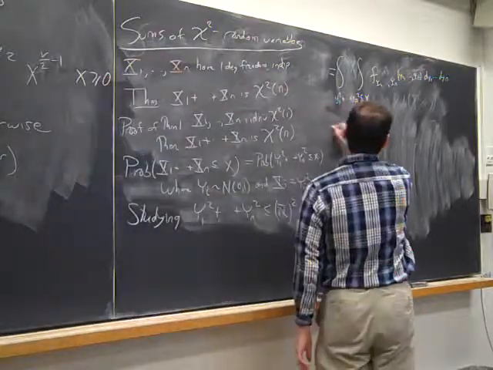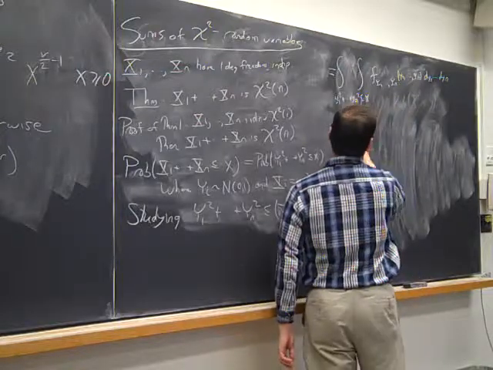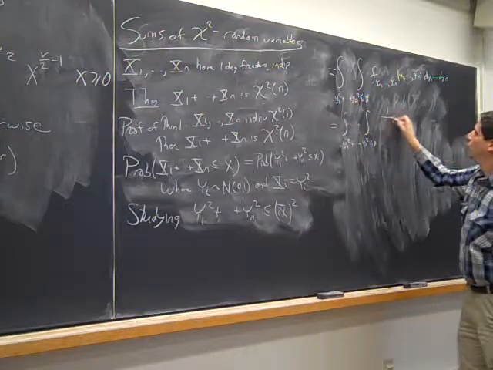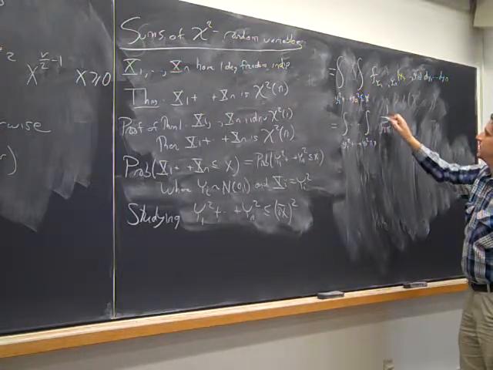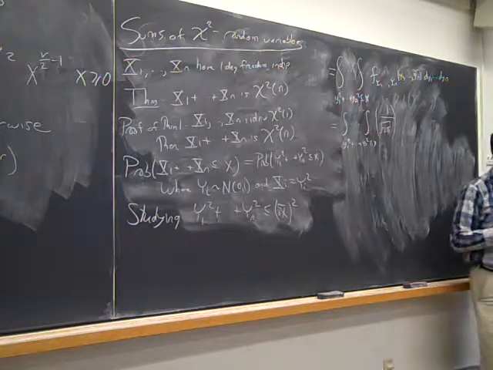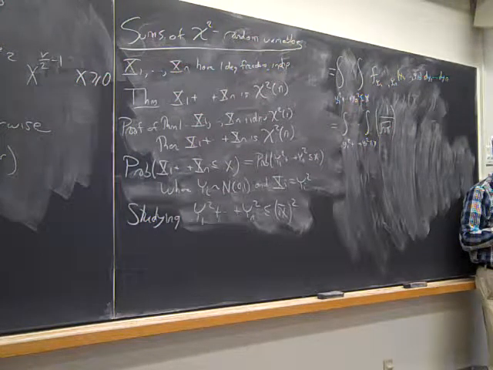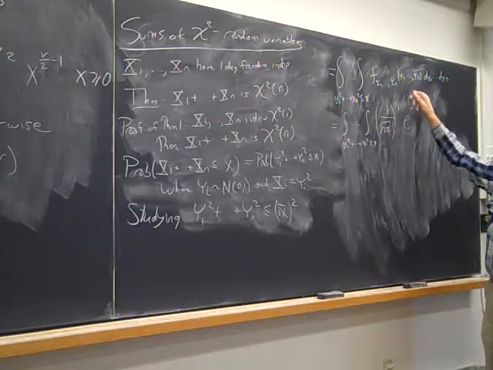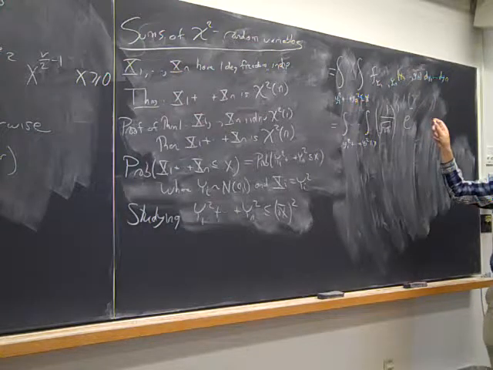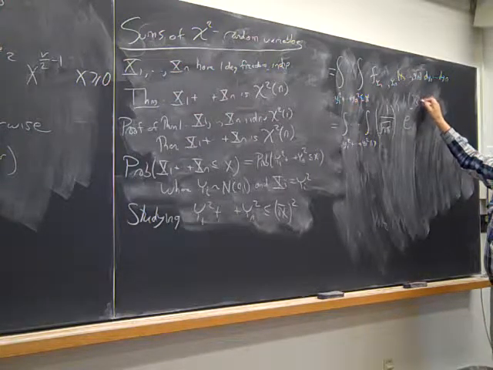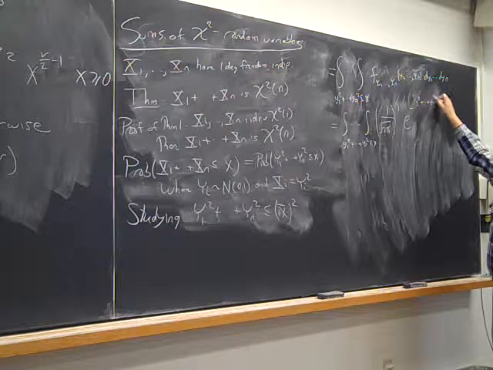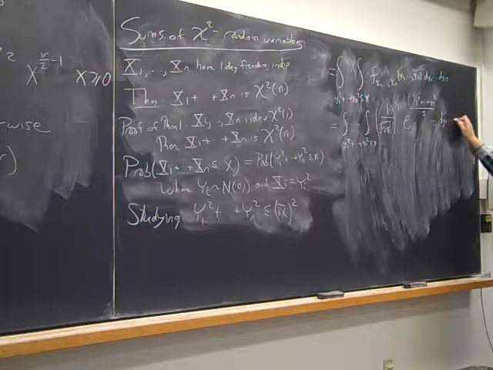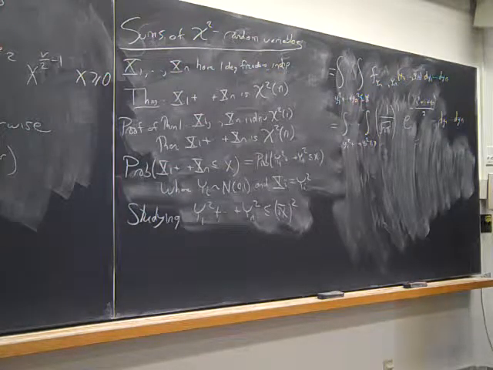Because they're independent, this is the same as the integral over y1 squared plus ... plus yn squared less than or equal to x of 1 over square root of 2 pi, and how many times will I have square root of 2 pi? N times. And then I have e to the negative y1 squared over 2, y2 squared over 2, so I can write this as e to the negative y1 squared plus ... plus yn squared all over 2, dy1 through dyn.